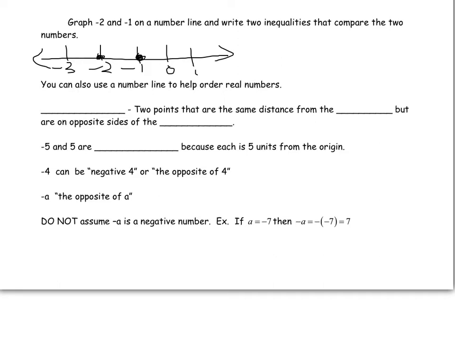There's -2. Now, what we want to do is write two inequalities for this. So I could say -2 is less than -1, because the more to the left you go, the less the number is. But we can also flip that around and say -1 is greater than -2. There's our two inequalities. So you can use a number line to help order real numbers.